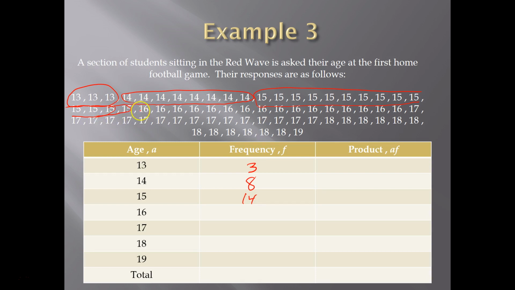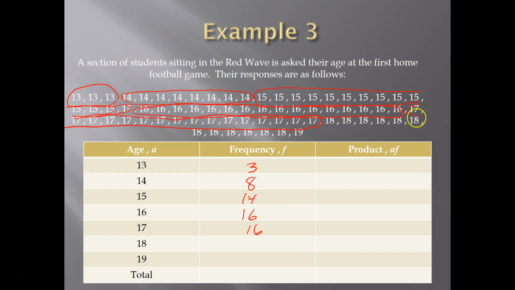All right, now let's look at the 16-year-olds. There are that many 16-year-olds. Count those up. It looks like 16 of them. Now let's look at the 17-year-olds. There's 1, and then all of these guys down here. If you count all those, it looks like there are 16 of them.